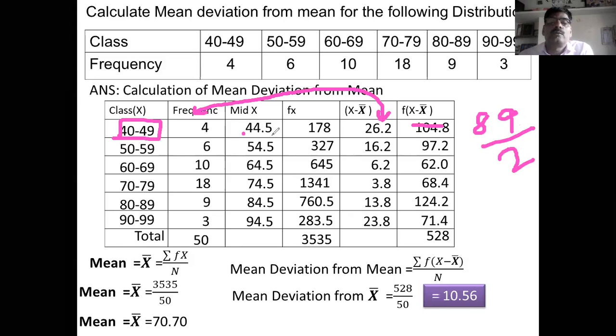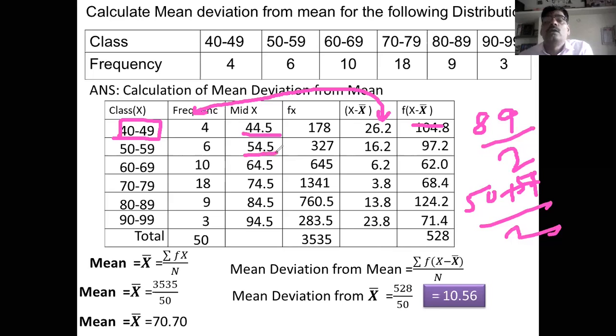This 44.5 comes. And second, 50 plus 59 is 109, divided by 2, that is 54.5. In this way, you have to calculate mid x for all the values.